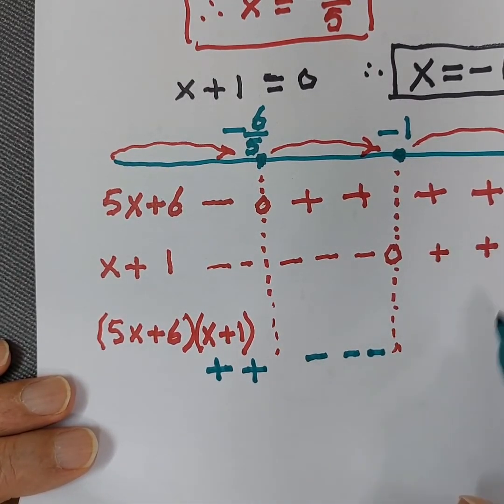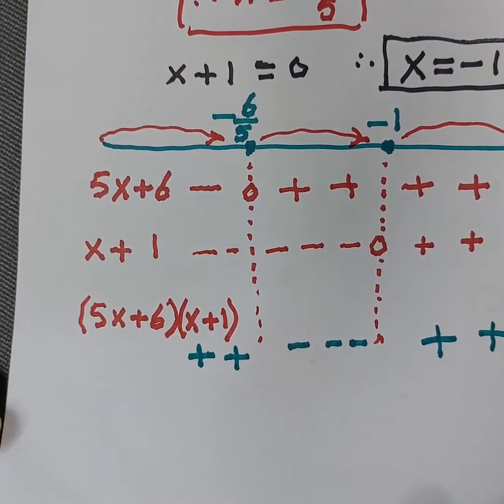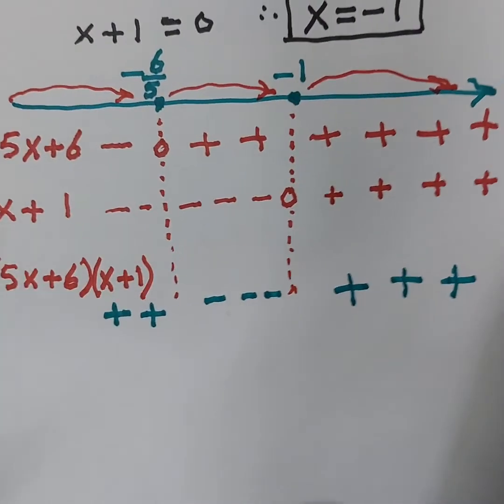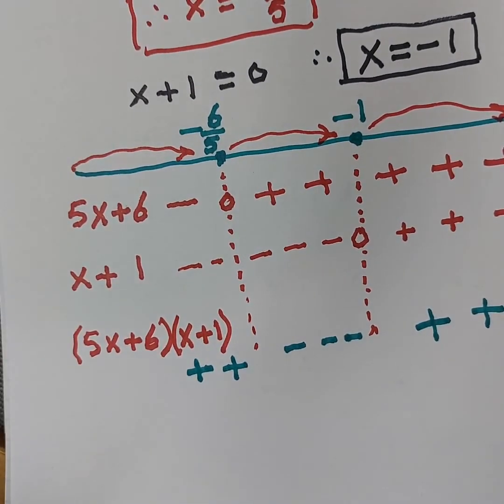So multiplying will also give you positive. So the result, we got it. We have 2 intervals that are positive and 1 interval that is negative.